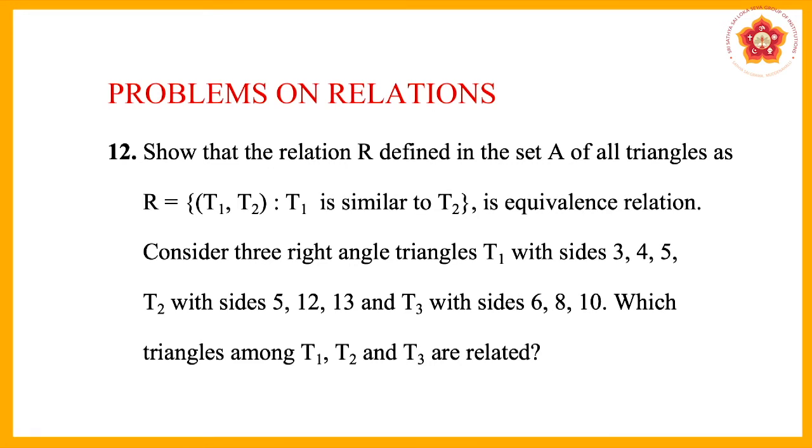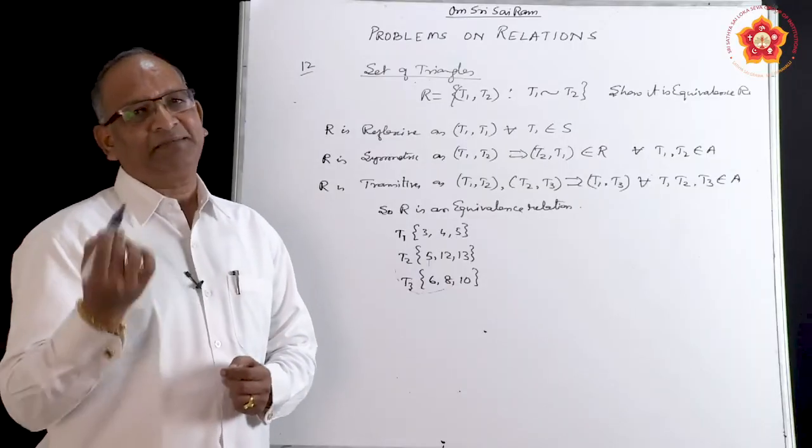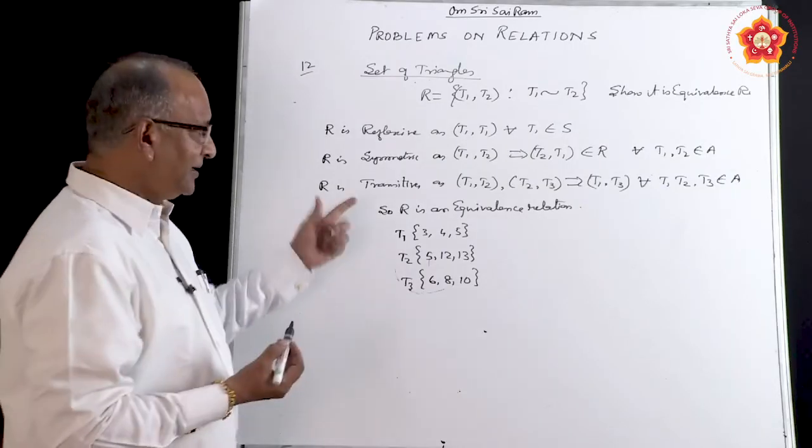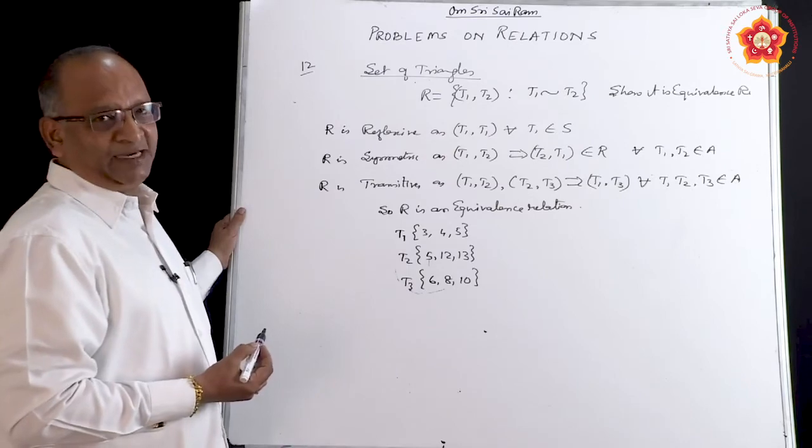T2 has got sides 5, 12, 13 and T3 has got sides 6, 8, 10. It is asking, among T1, T2, T3, which triangles are related. Related by what? By similarity. When do we say they are similar? Take the ratio of sides.